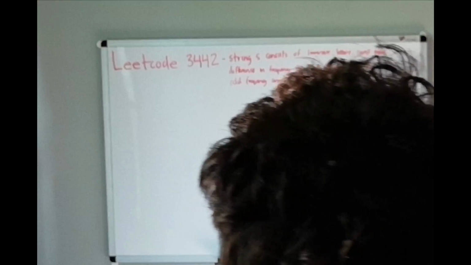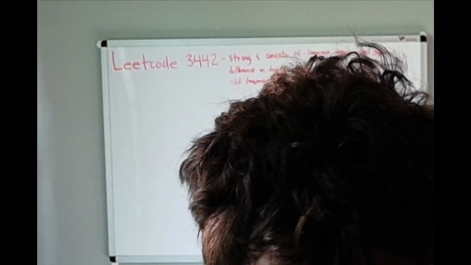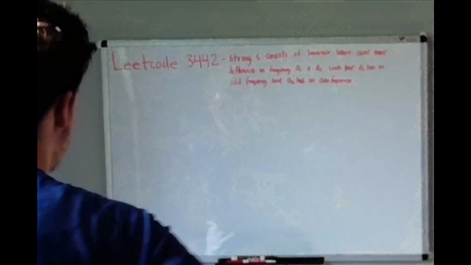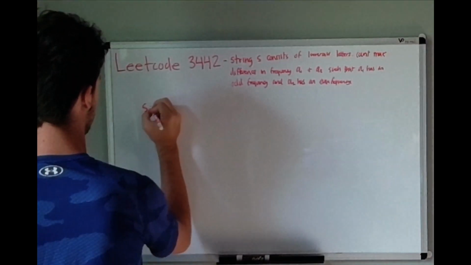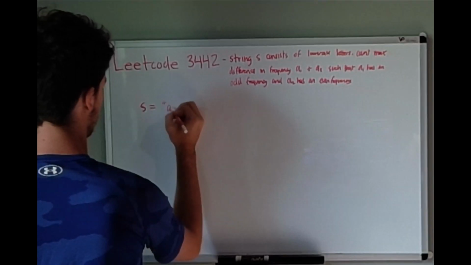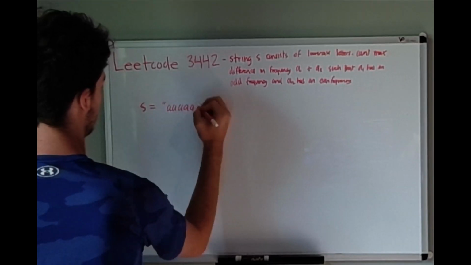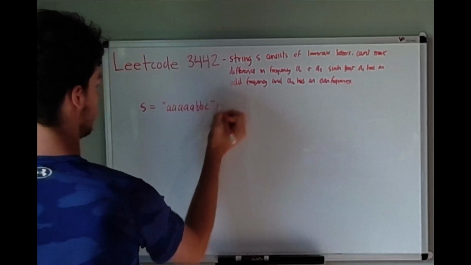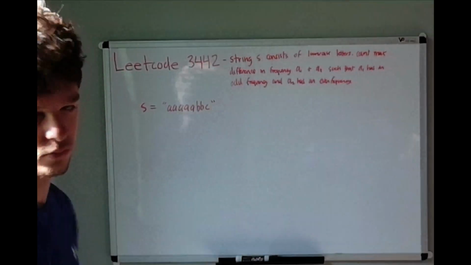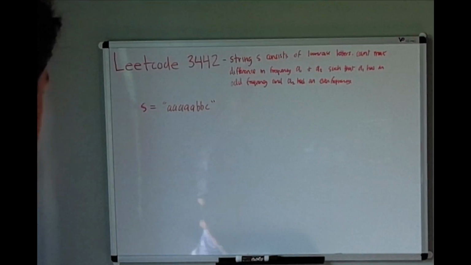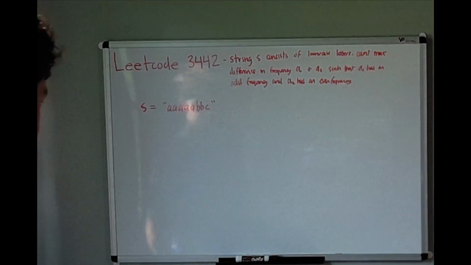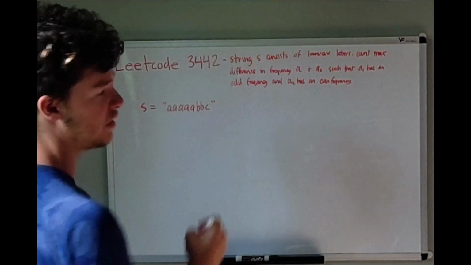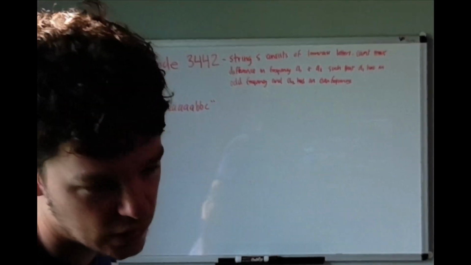So the example is A, B, B, C. Okay, so going through this problem, you go character by character through the string, and you basically just add it to the dictionary.